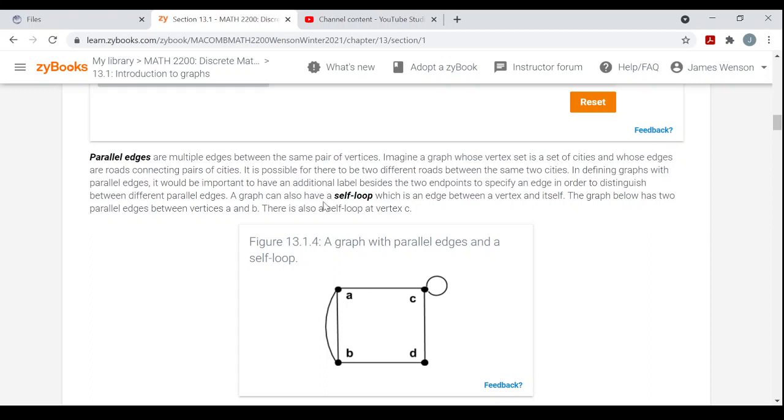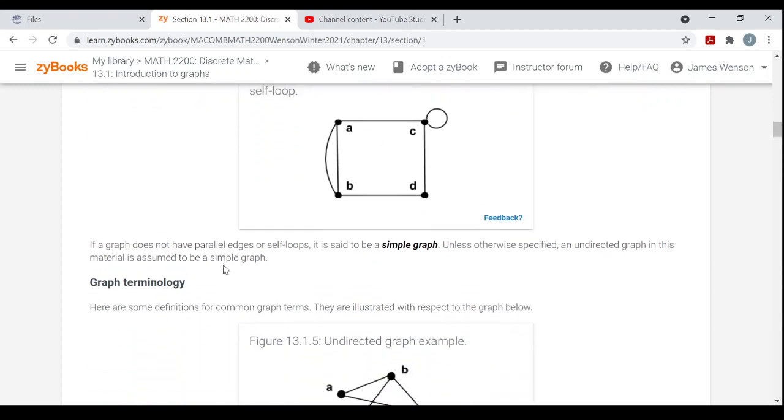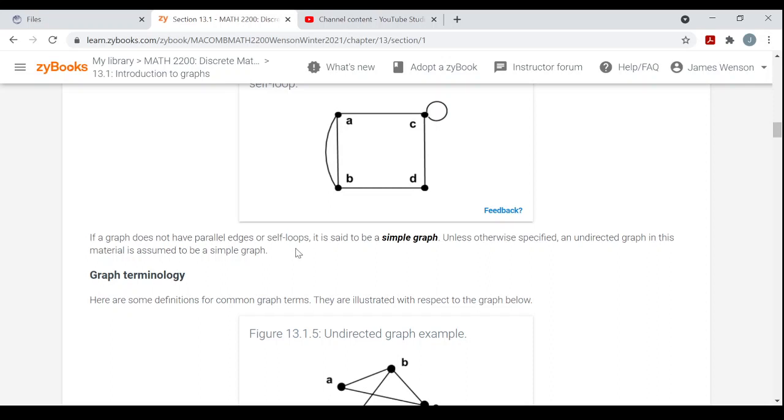A graph can also have a self loop, right, which is an edge between a vertex and itself. So you see the self loop here on vertex C. Now, if a graph does not have parallel edges or self-loops, it is said to be a simple graph.